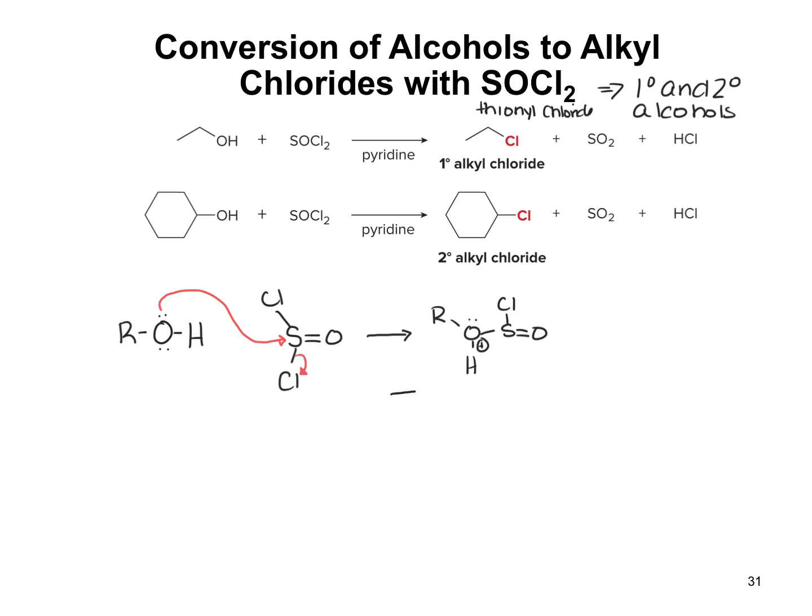And then pyridine comes in and steals that proton, and those electrons go onto the oxygen. And so we follow our arrows, and now the nucleophile is going to come in.